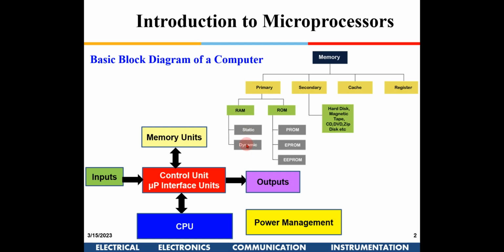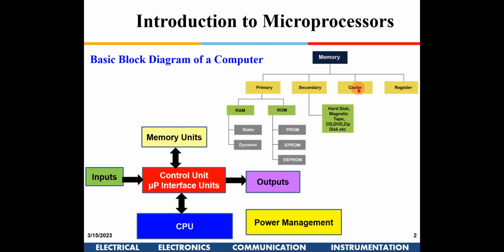Many modern day processors also have a cache memory. What is a cache memory? Data which is very often taken, very important data, can be placed in cache memory, which is generally static RAM in nature. You could call that a subset of RAM.